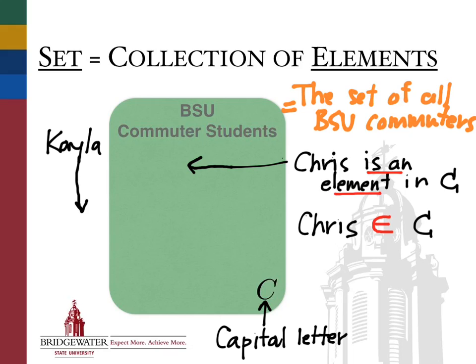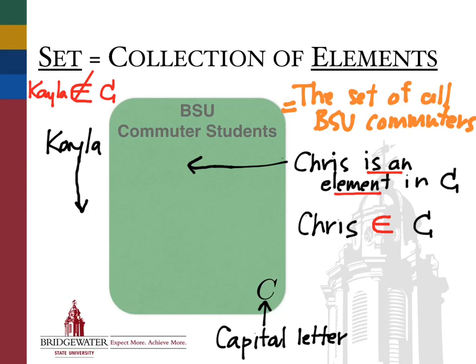And so because she doesn't belong to that set, we use a slightly modified version of this symbol. What do you think it looks like? Yeah, just cross it out, right? So we would say Kayla is not an element of C. Written in that fashion. So there's the notation you use to express the membership of an element in its set.